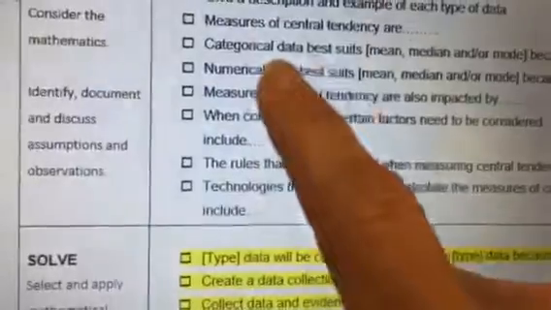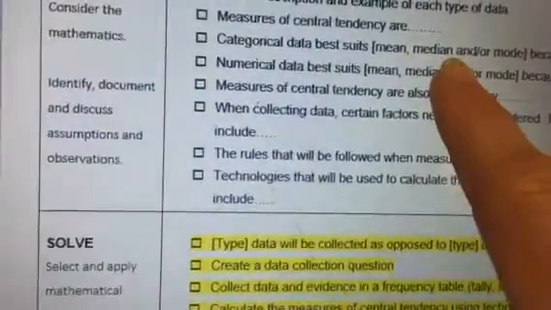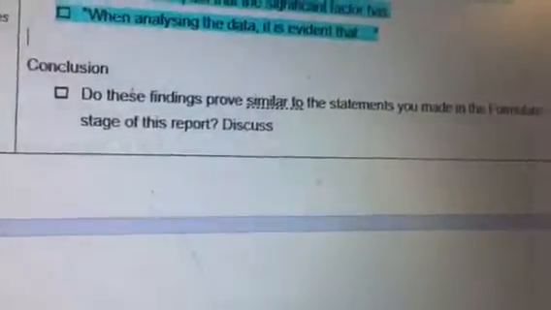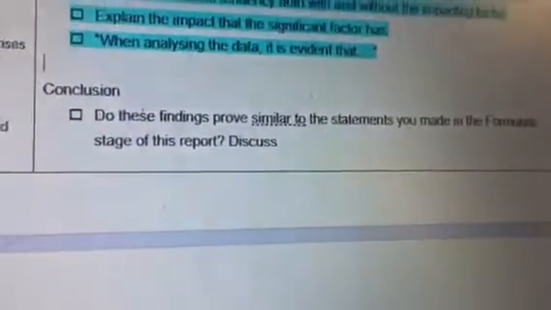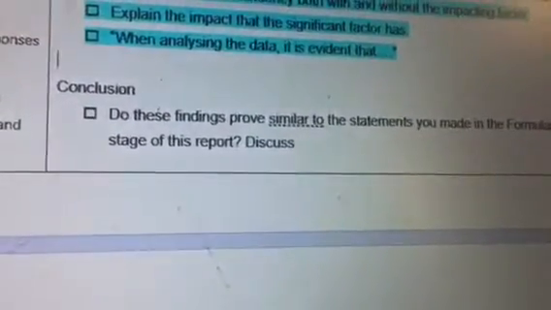You had to talk about the fact that different data suited different types of measures of central tendency. So you could say, yes, throughout my report, your conclusion could be, throughout my report, I proved that numerical data better suits mean and median because I explored the fact that mode is sometimes unreliable for numerical data.